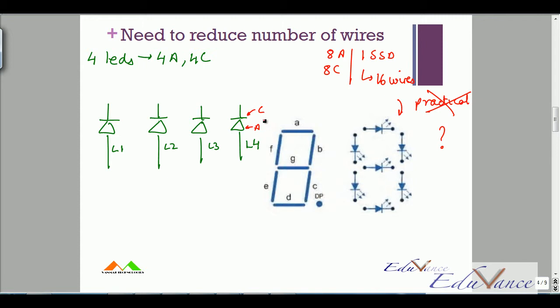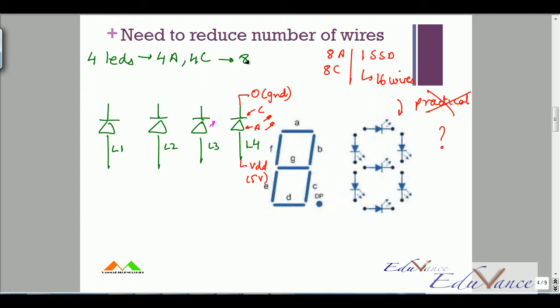Now, if I want to glow LED 4, then I would connect the anode to VDD, that is a higher potential, that is 5 volts or 3.3, and connect the cathode to a low potential, that is 0 or ground. Similarly, if I want to glow LED 3, I would do the same, LED 2 and LED 1. Now, I have 4 anodes and 4 cathodes. That makes it a total of 8 wires. Yes, we do understand this point.